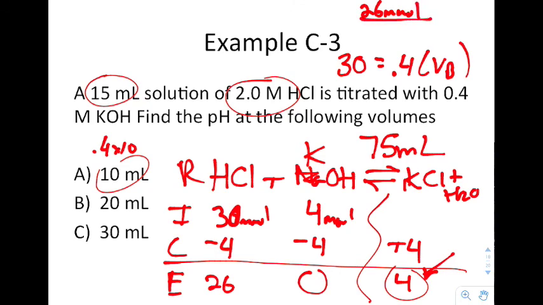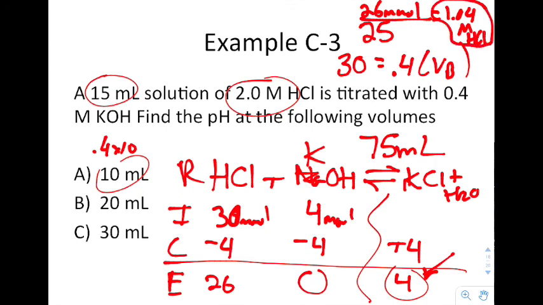My total volume in this case would be my 15 original mLs plus my 10, so 25. So when you take 26 and you divide by 25, you end up getting the new concentration of the solution, which is 1.04. That right there represents the molarity of the HCl that's left in the solution.